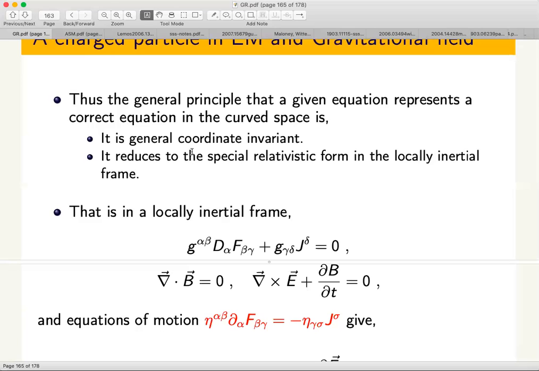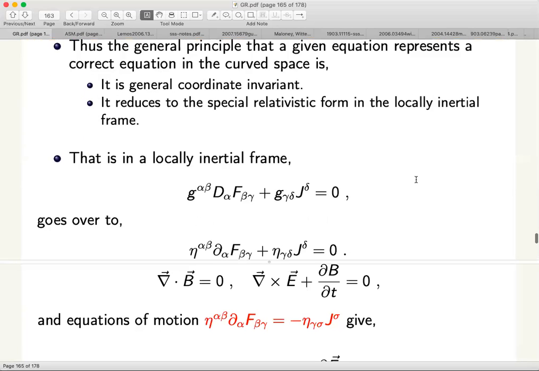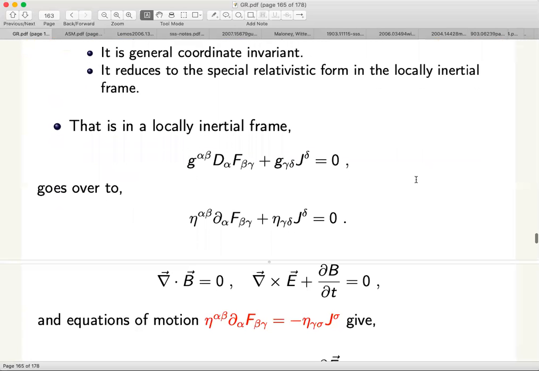And the second condition that it should satisfy is that it should reduce to the special relativistic form, like in case of Maxwell, it should reduce to this form in a locally inertial frame. So this would correspond to the condition that the equation that we have written down should go over to this equation, which is the same as this equation, of course, in a local inertial frame. Fine.